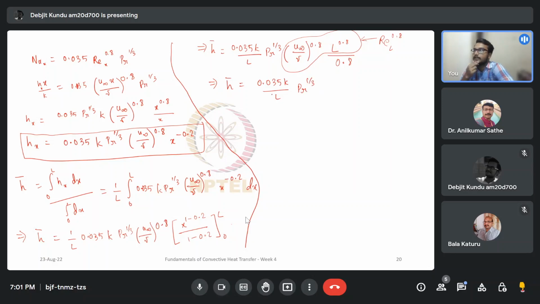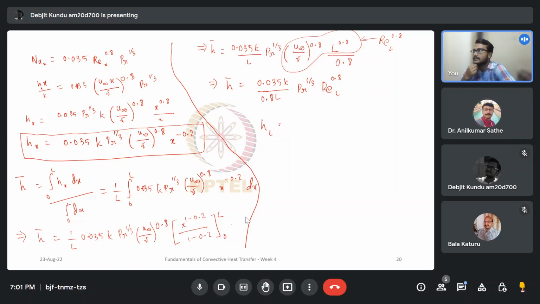There is a 0.8 over here, I'm writing it in the denominator, and this becomes Reynolds number L to the power 0.8.